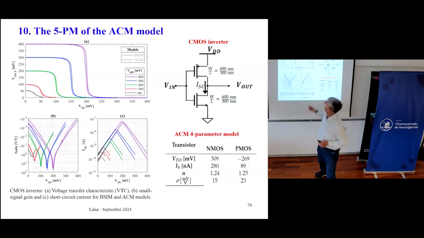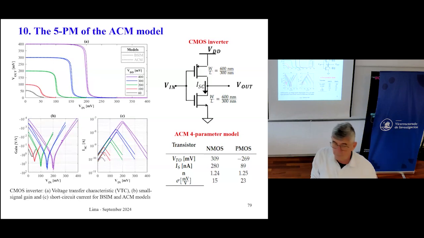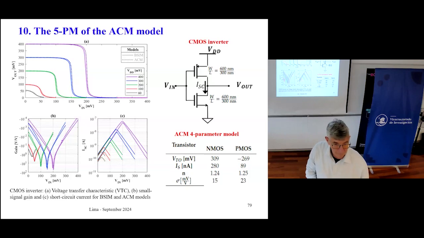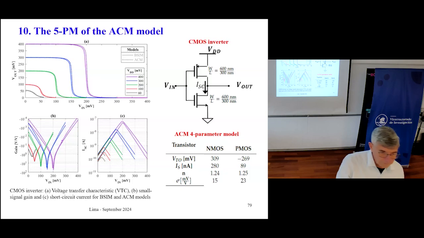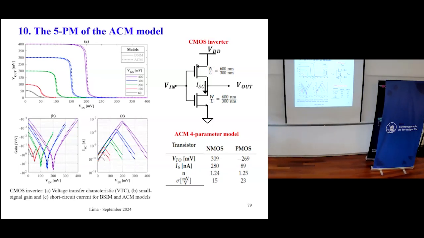But if there is a fast variation, this capacitor has to be charged and discharged, and this dissipates power in the transistors. This is what we call the dynamic power dissipation, which is associated with transitions. It is power associated with the charging and discharging of capacitors. This is one of the most important sources of losses in transition.